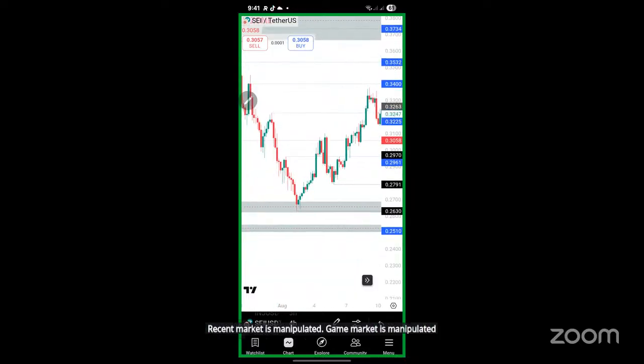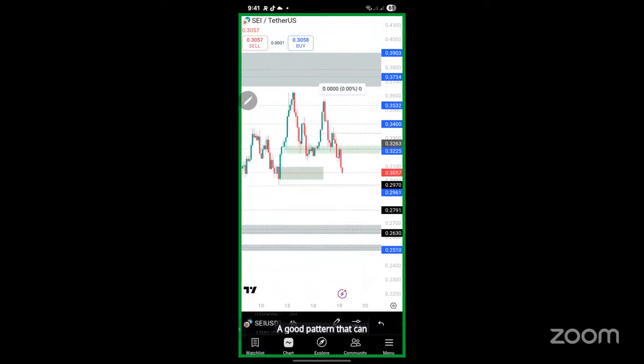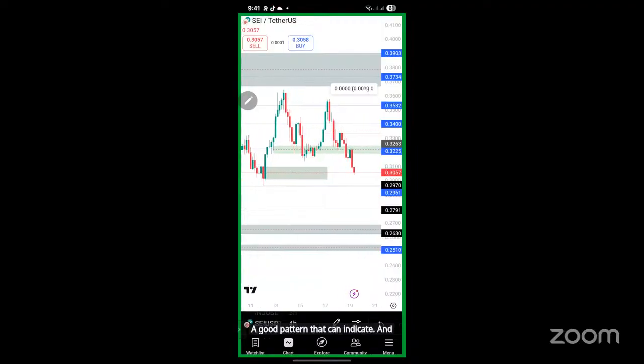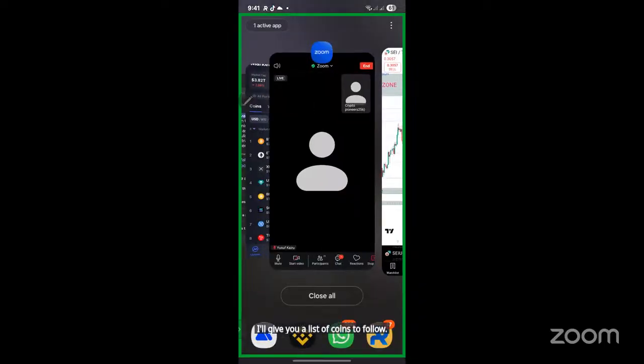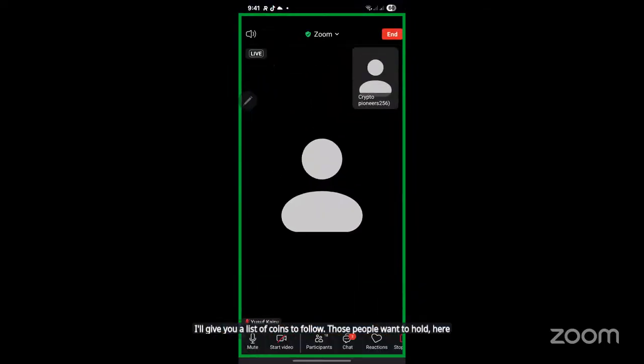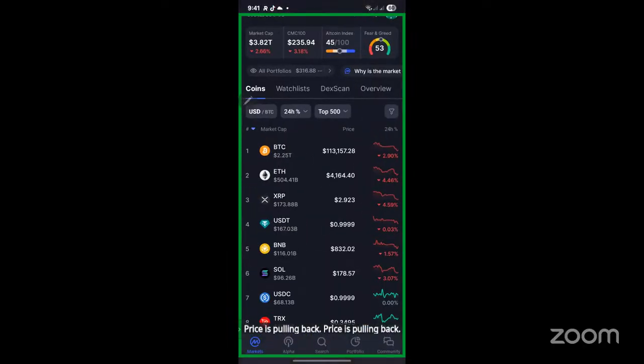I'm failing to find a good pattern that can indicate it. And I told you to follow these coins. I gave you a list of coins to follow. Those people who want to hold, here comes the pullback. Price is pulling back. So let me leave alone that price manipulation, but I hope you have understood the concept.